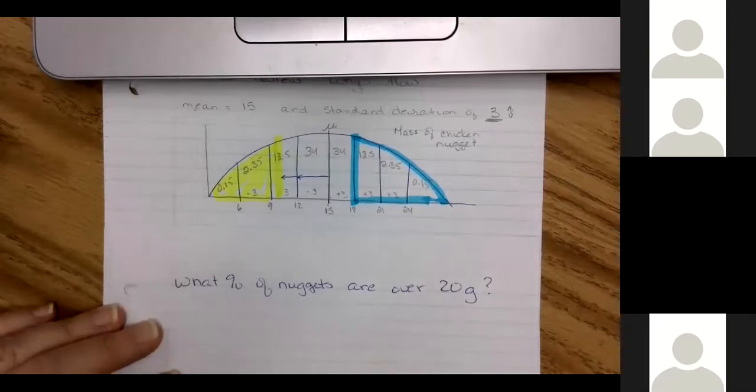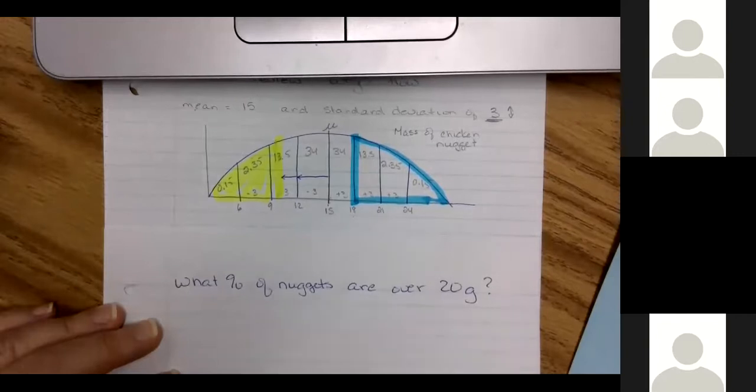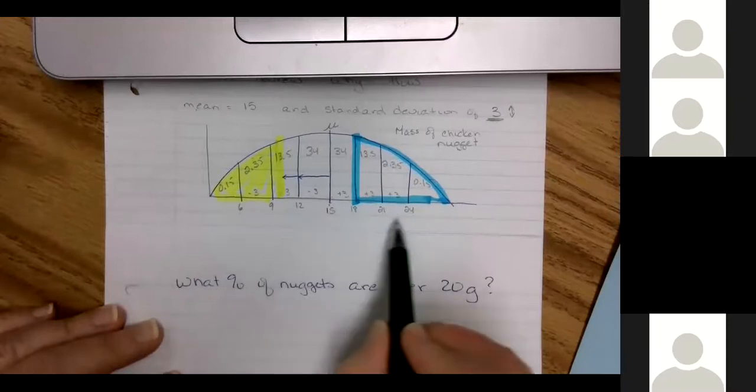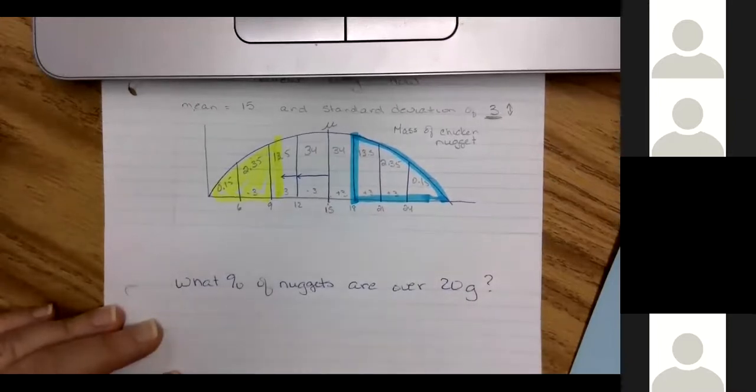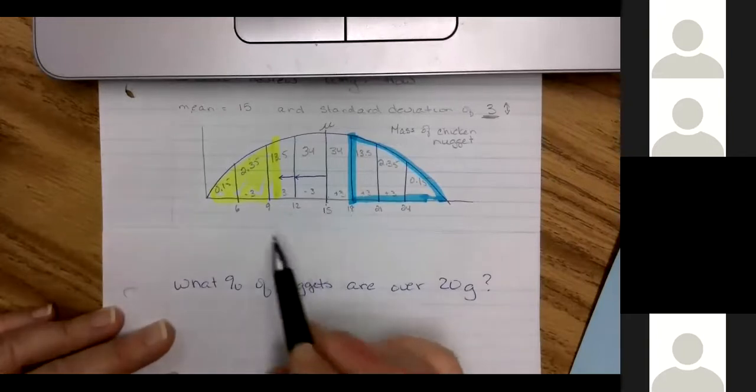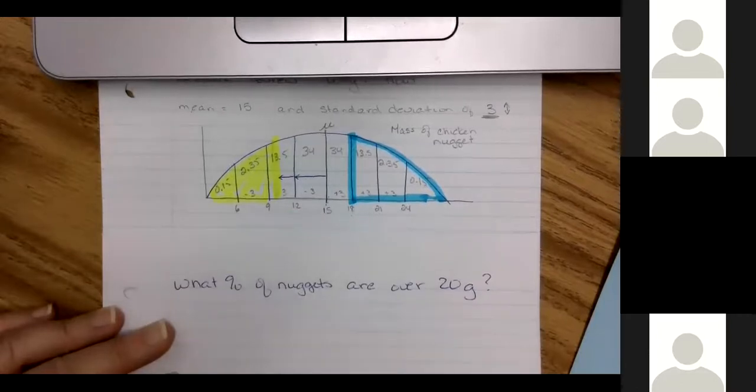First thing I want to do: if you look at this, is the 20 written down here somewhere? Clarissa, do you see 20 across the bottom here?